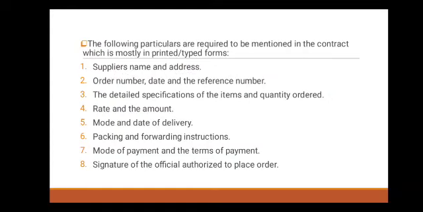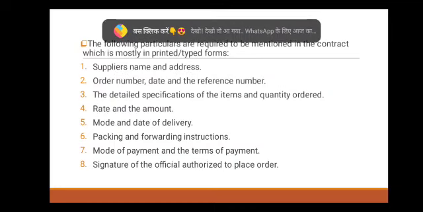The following particulars are required to be mentioned in the contract, which is mostly in printed and typed form. First, supplier's name and address. Second, order number, date and the reference number. Third, the detailed specifications of the items and quantity ordered.